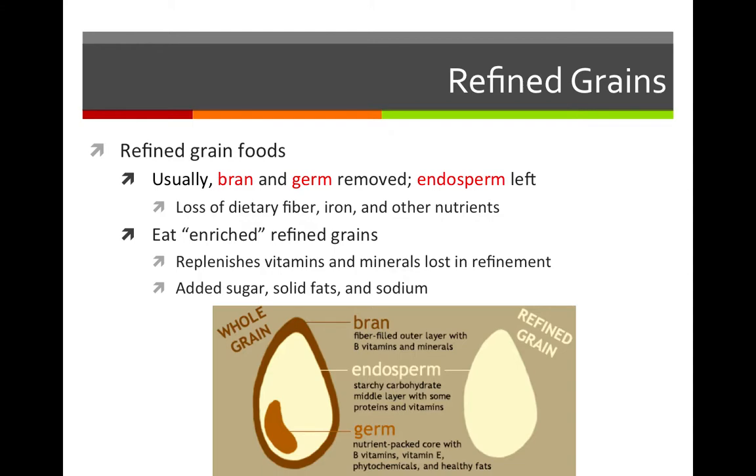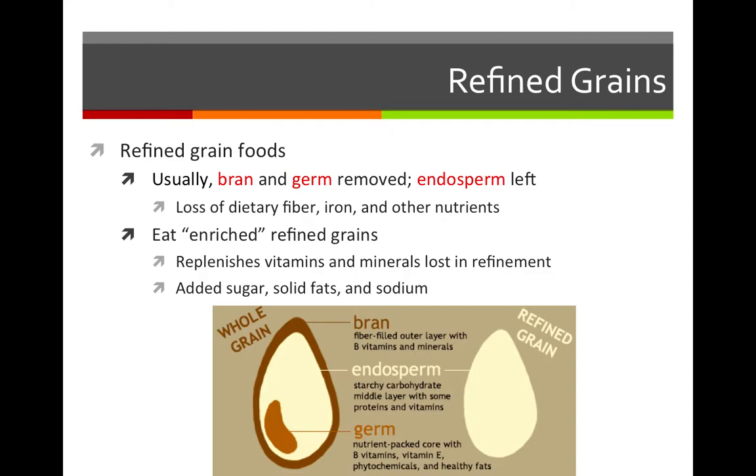Now, when the milling technology developed in the late 1800s to remove the bran and germ from grains, interestingly enough, nutrition problems quickly arose, such as pellagra and beriberi. We learned earlier that pellagra is caused by a deficiency of niacin. Beriberi is a deficiency of thiamine or vitamin B1, and both of these vitamins can be found in whole grain foods.